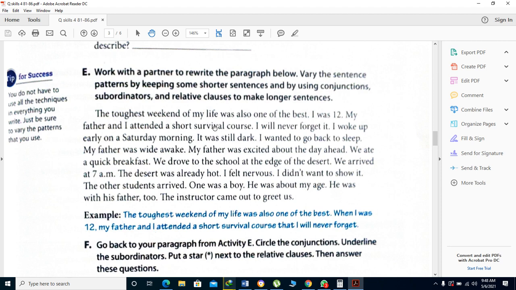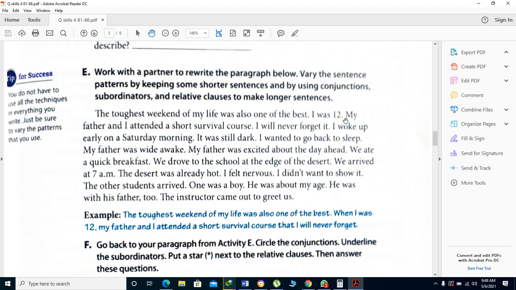Now let's see how the writer has combined these simple sentences into a more sophisticated sentence pattern. The toughest weekend of my life was also one of the best, when I was 12. Now instead of just saying I was 12 and finishing the sentence, a subordinating conjunction or a subordinator has been used to combine these two sentences.